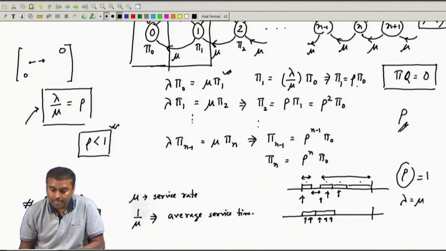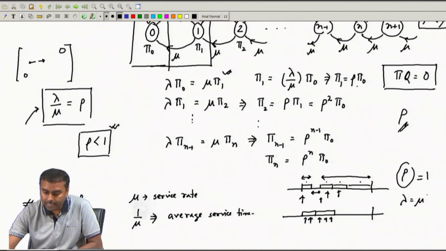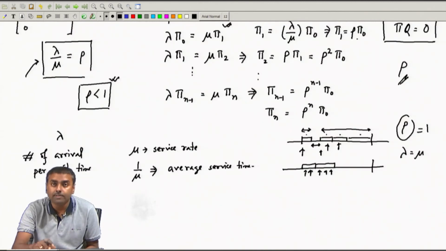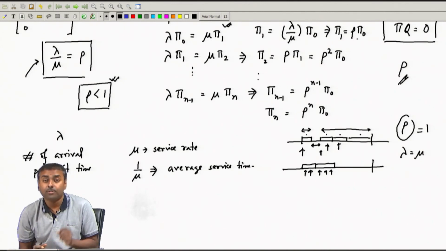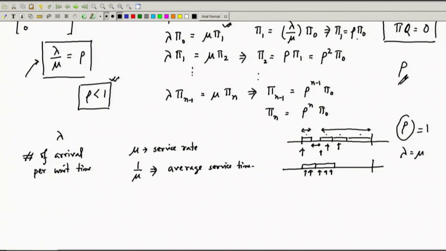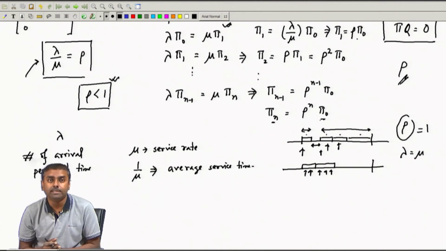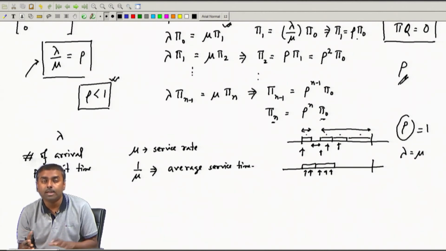Okay. So, once we have defined this rho, let us see how we solve this equation in a recursive manner. As you can see, each of them is linked to pi 0. Therefore, I have to first solve for pi 0, because everybody is defined with respect to pi 0. So, everybody will be defined if I can define pi 0. Okay.